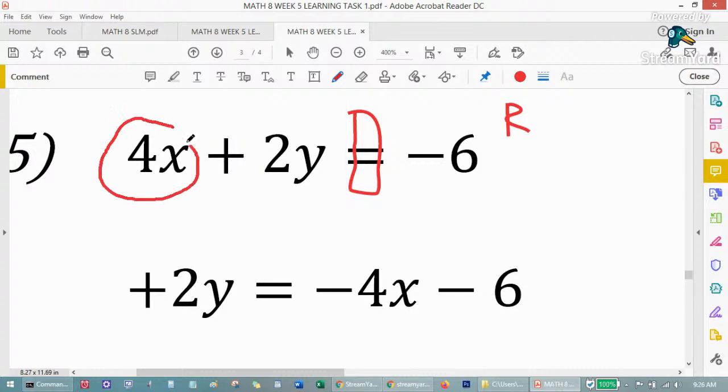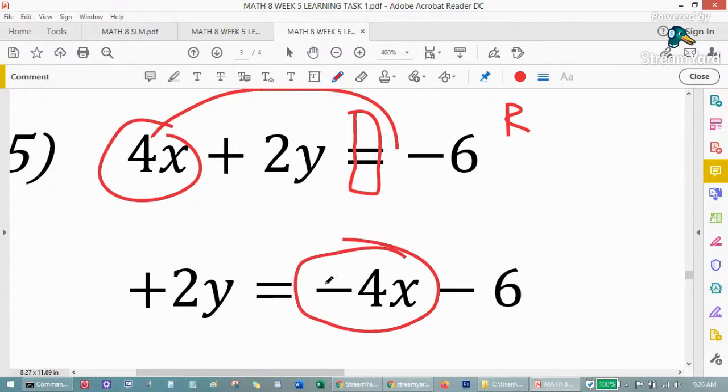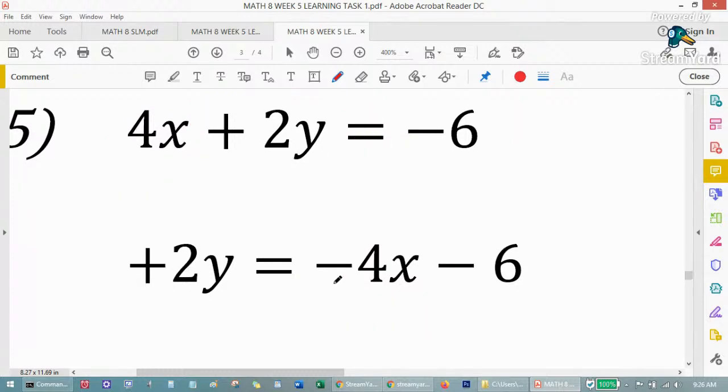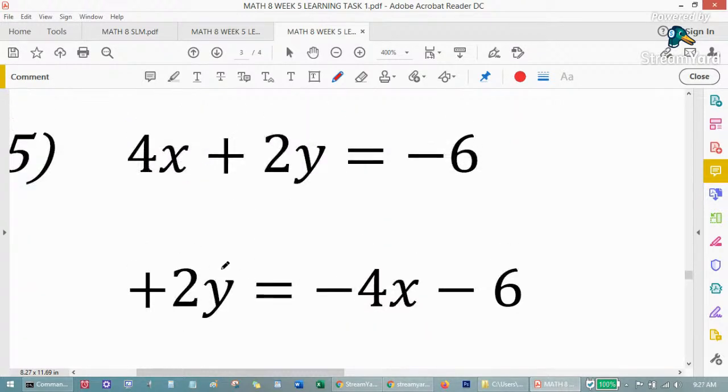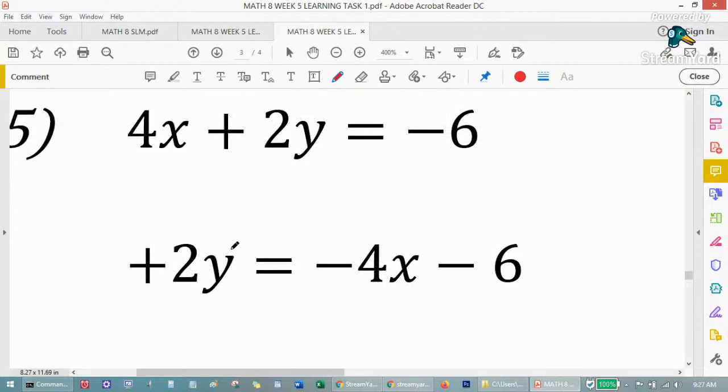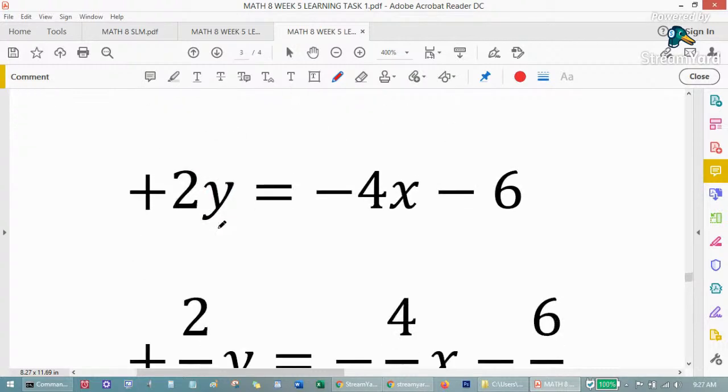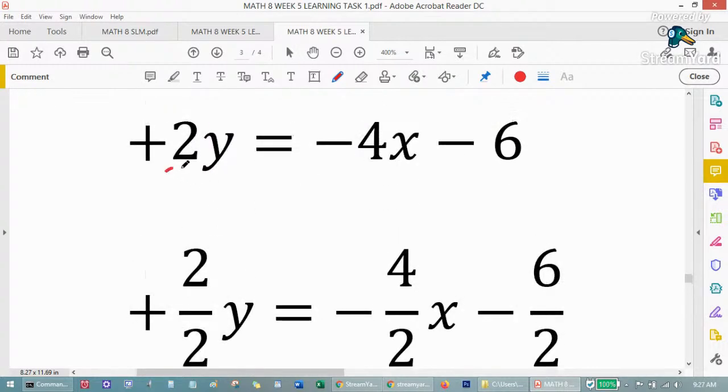So, itong positive 4x, pag nilipat mo dito sa kabila, magiging negative 4x. And then, ang last problem na lang natin is, yung y ay may coefficient greater than 1. So, kailangan 1 lang to, no? Gagawin natin is, didivide natin ng 2 lahat ng coefficient.